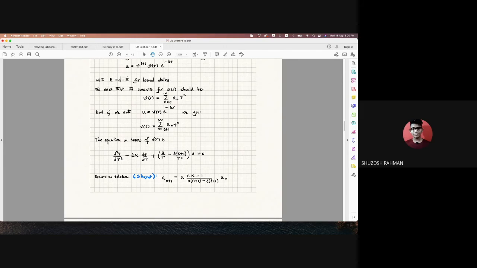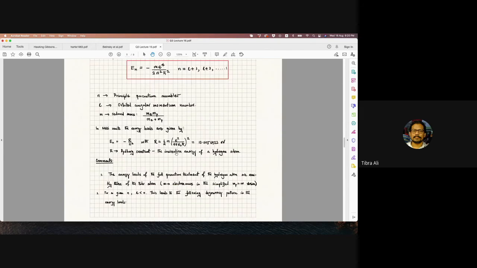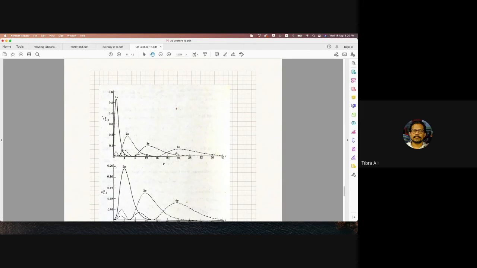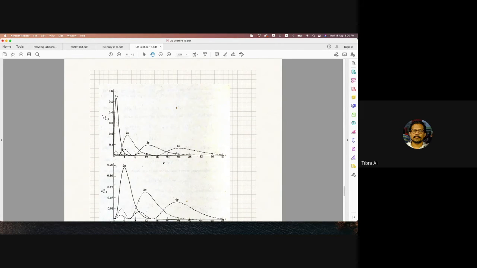So that's why for L equals 0, the particles can get very near the nucleus. In fact, the electron can be found in the nucleus, not something we expect classically, right?